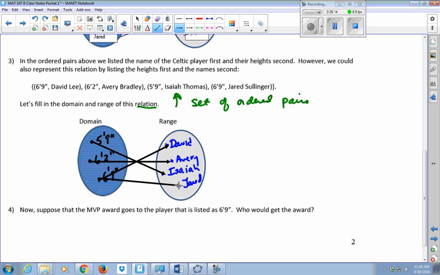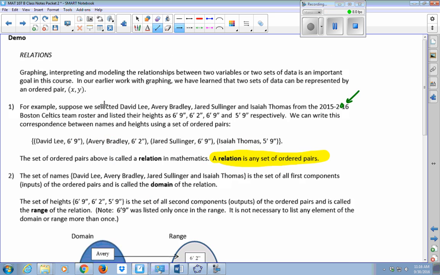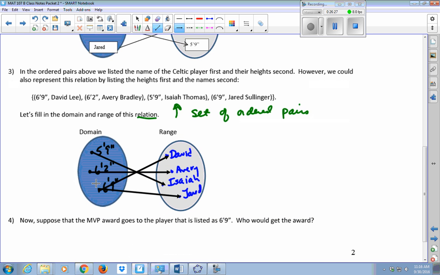So if we look back at the preview question, I'm going to take that language again since it was a little confusing. In which set is the x coordinate paired with only one y coordinate? We don't have x and y here, but do you see here that an element in the domain, 6 feet 9 inches, is not paired with just one Celtic player?